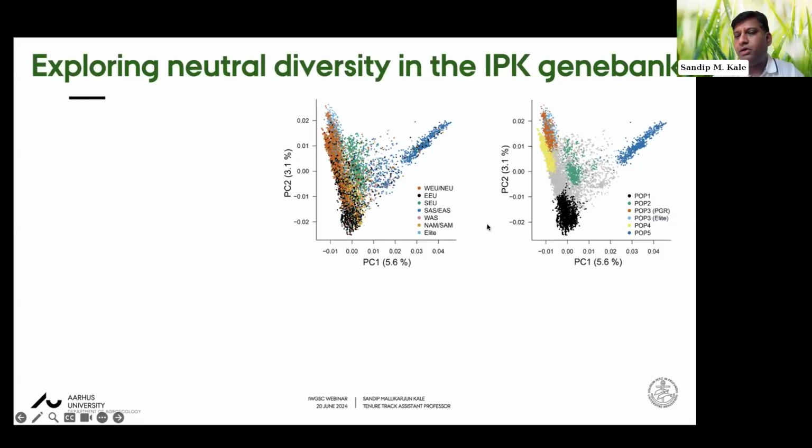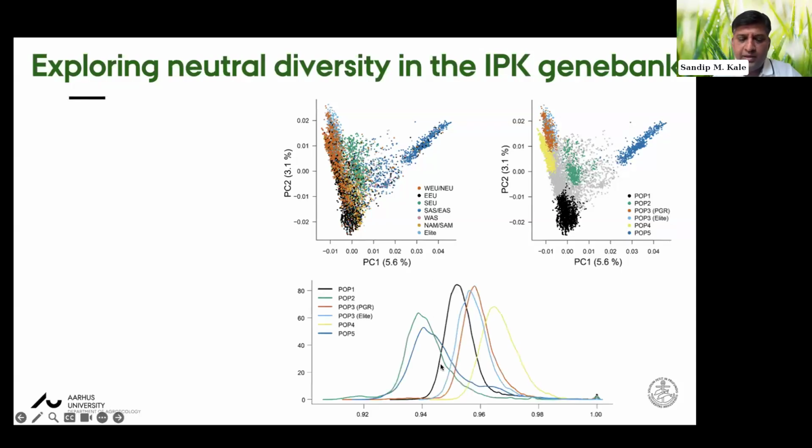Then we also performed a population structure analysis and identified 5 subpopulations, each corresponding to the subregions which we identified from the principal component analysis. And then we used the similarity within the populations to identify the diversity present within each subpopulation. The x-axis shows the similarity between each pair, while the y-axis is the density.